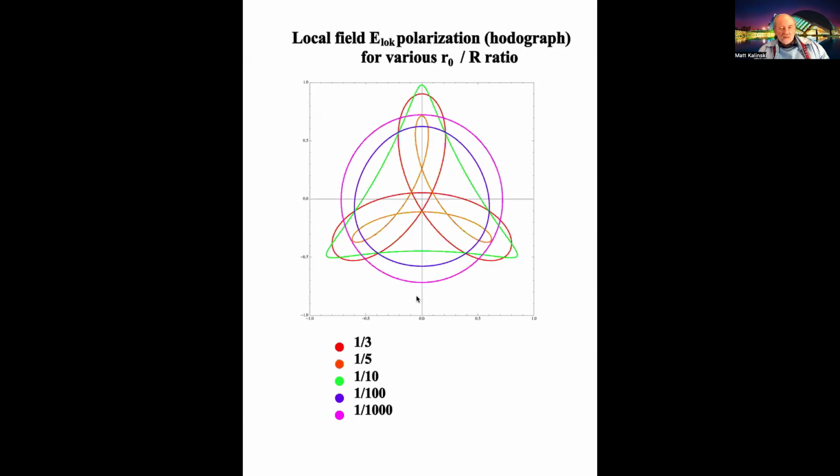Okay, so in the ultimate limit, of course, these are simply dipoles. Because a dipole has the radius going to zero, but the charge is going to infinity, and the product r zero times the charge is finite, the finite dipole moment. So the high ratios correspond to almost perfect dipole moments rotating, but at low ratios you get some funny curves.